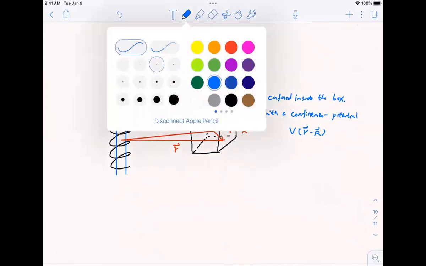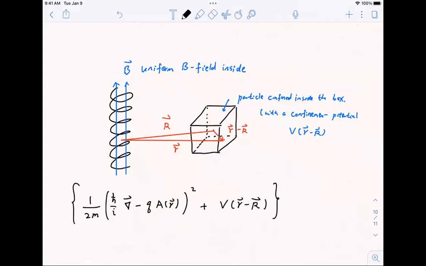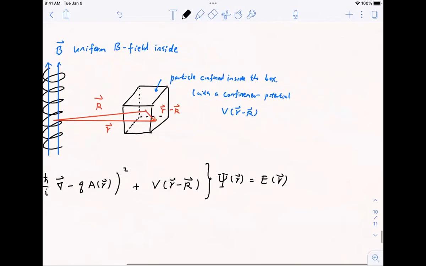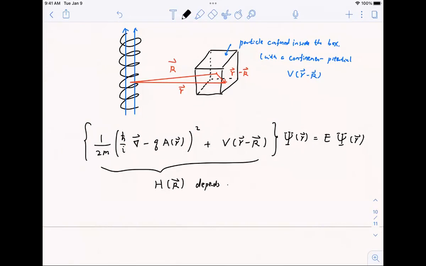Okay, so what is the Hamiltonian for this particle? The Hamiltonian for this particle will be this one: minus Q A R squared plus V of r minus R, equal to E. Here, this Hamiltonian will depend on R. Okay, so now you have a particle confined in a box.